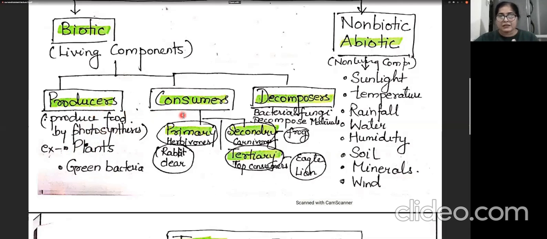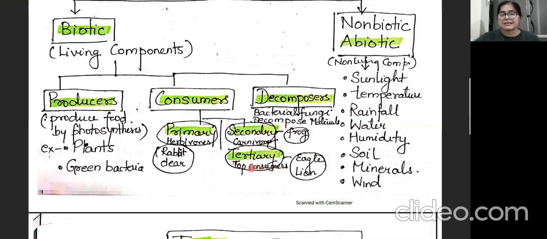Now the second category of living or biotic components is consumers. Consumers are those organisms that depend on producers for their food, and they are divided into three categories: primary consumers, secondary consumers, and tertiary consumers.